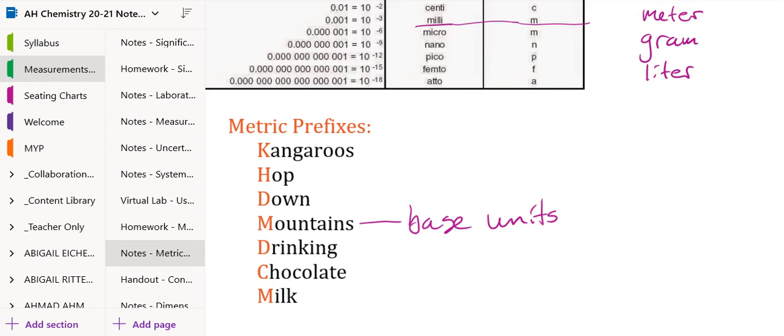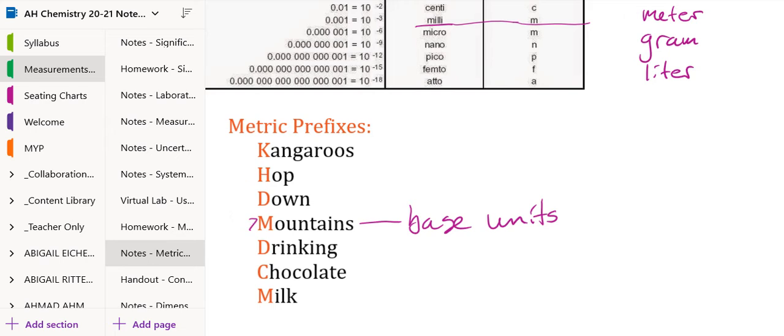And so if I'm going from, let's say, hecto to our base unit, I am multiplying by what? Each step is 10, so what's 10 times 10? 100.